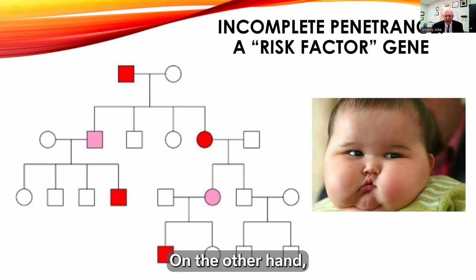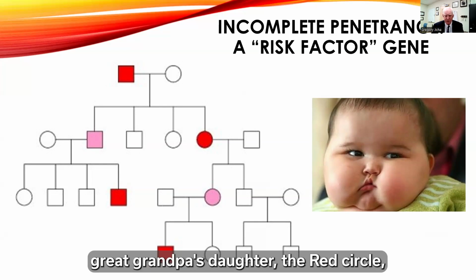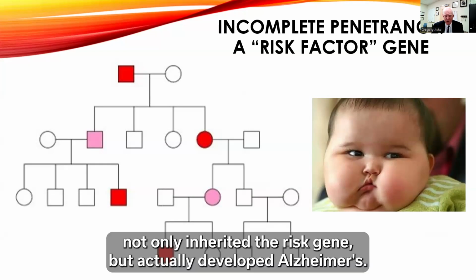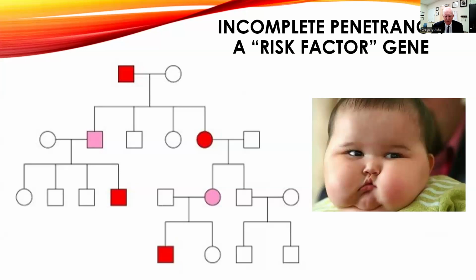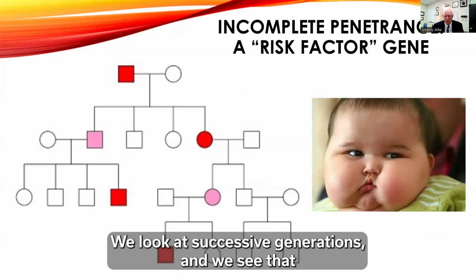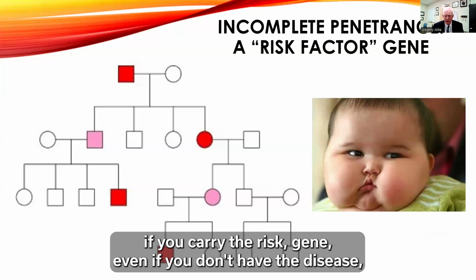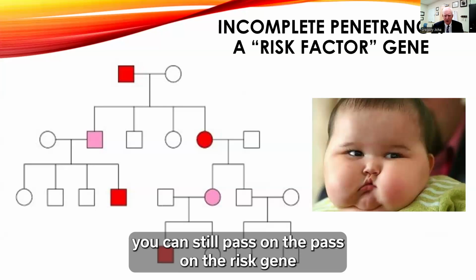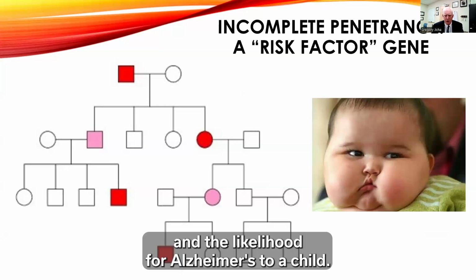On the other hand, great grandpa's daughter, the red circle, not only inherited the risk gene, but actually developed Alzheimer's. We look at successive generations and we see that if you carry the risk gene, even if you don't have the disease, you can still pass on the risk gene and the likelihood for Alzheimer's to a child.